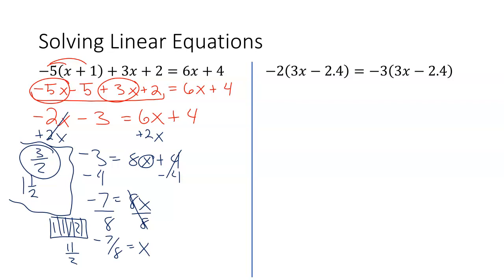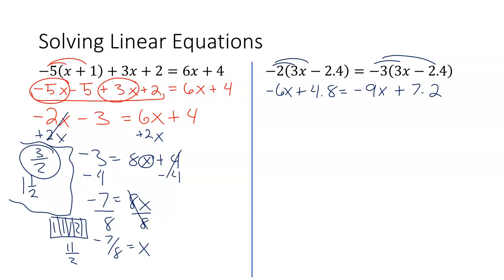Okay? Now, here we've got some distributive property. We'll clean that up again, just like we did last time. Take care of that. Negative 6x plus 4.8 equals negative 9x plus 7.2. We did our distributive property. Now, we can do the same exact steps that we did here.